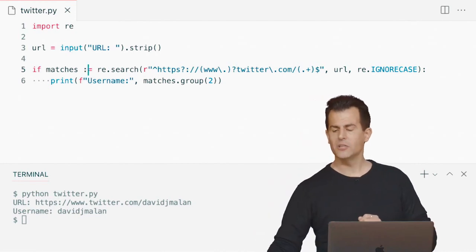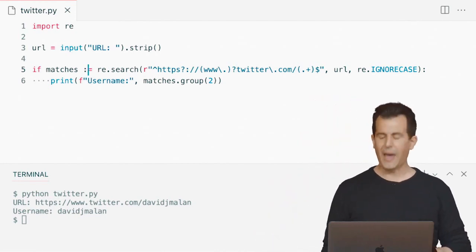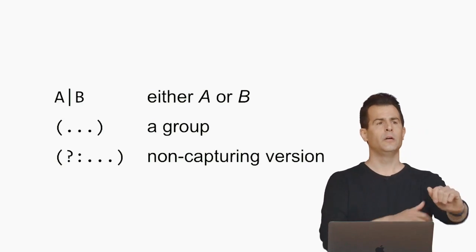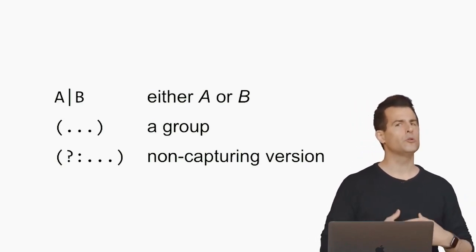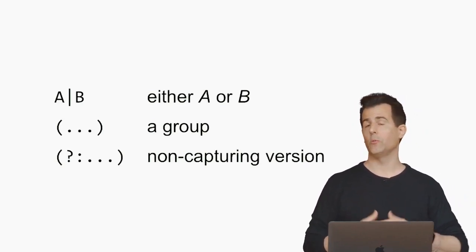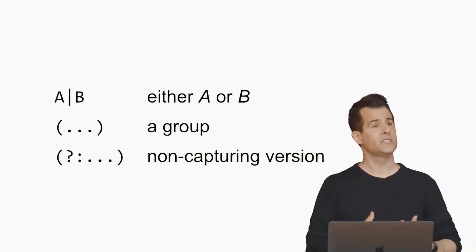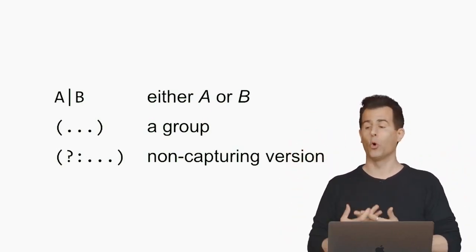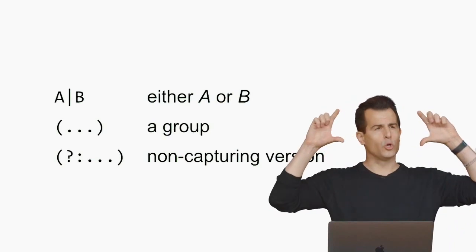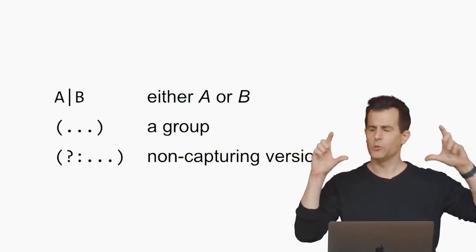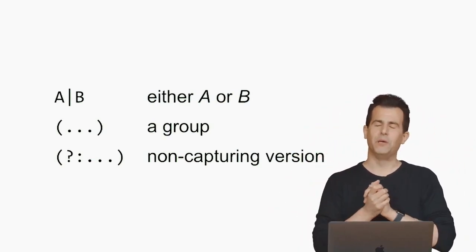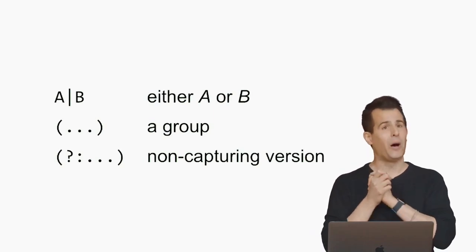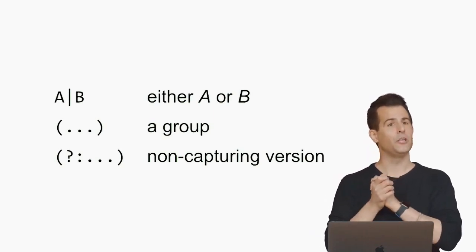And indeed, it turns out that we can come back to this final set of syntax. Recall that when we introduced these parentheses, we did it so that we could do A or B, for instance, with the vertical bar, though you can even combine more than just one bar. We used the group to combine ideas like the www dot, and then there's this admittedly weird syntax at the bottom here, up until now not used.